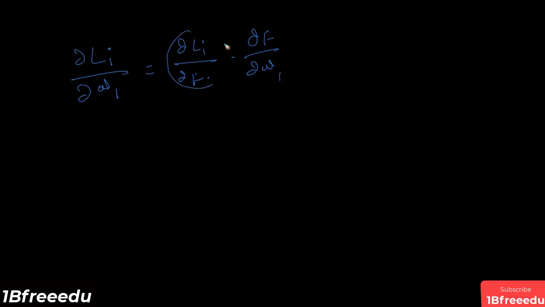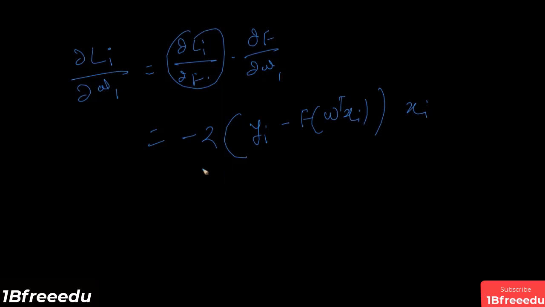So this term is equal to minus 2 times (Yi minus f of W transpose Xi), into Xi. So this is the derivative of this, right. Similarly we can compute the derivatives of all the weights, and thus we can update the weights.